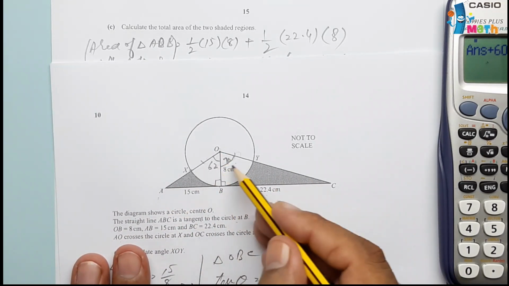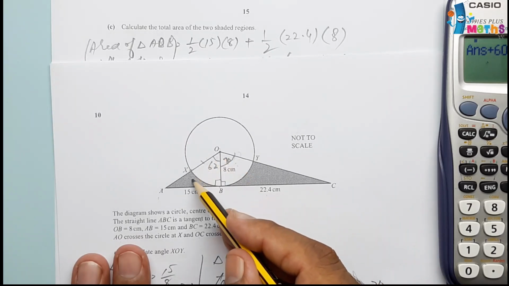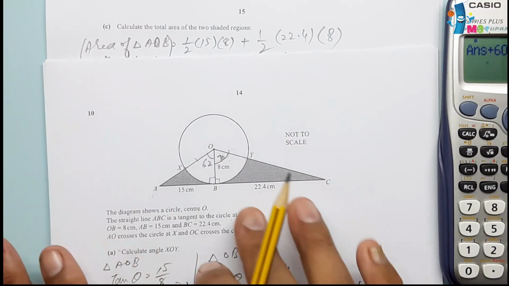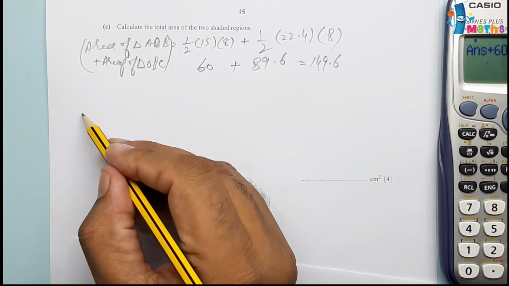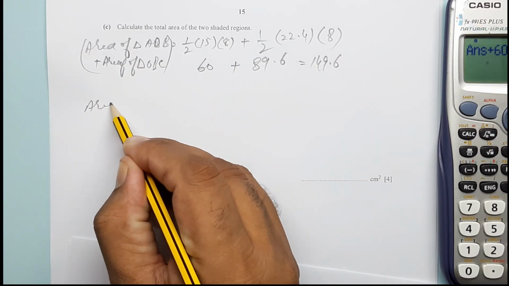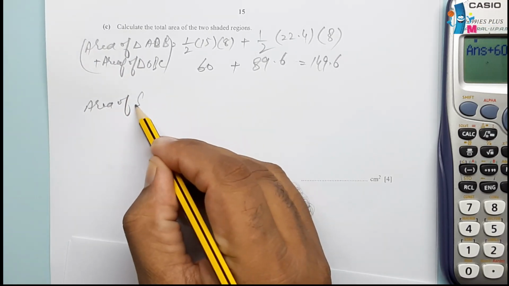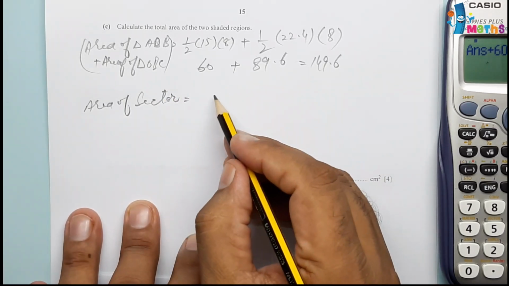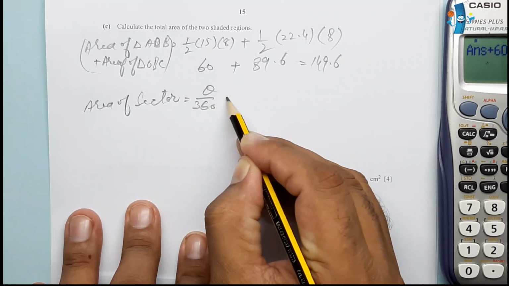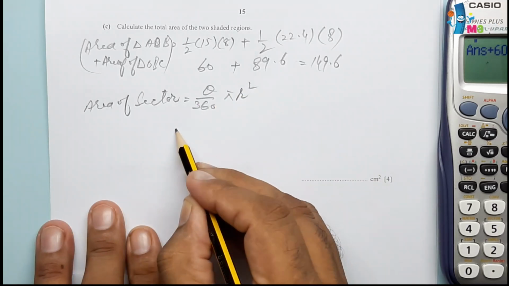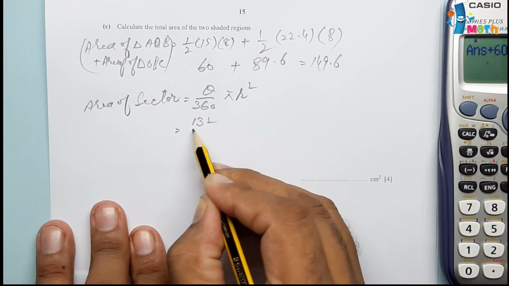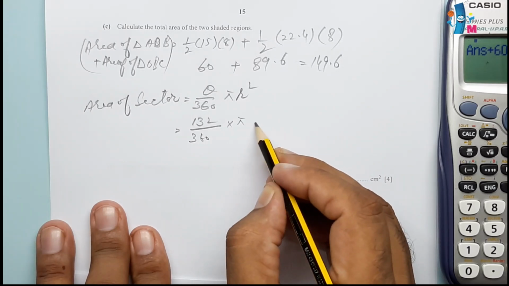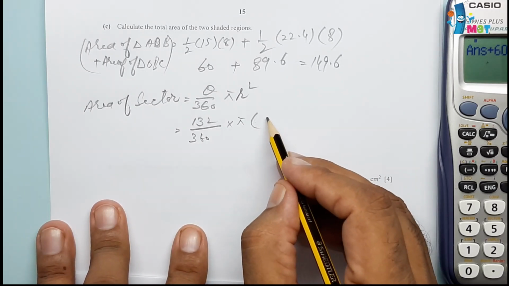Now we have to find the area of these two white portions. Basically one sector will take the angle 132 and we'll find the area of the sector. So the area of the sector formula is theta over 360 into pi r squared. So theta is 132 over 360, into pi, and r squared will be 8 squared.